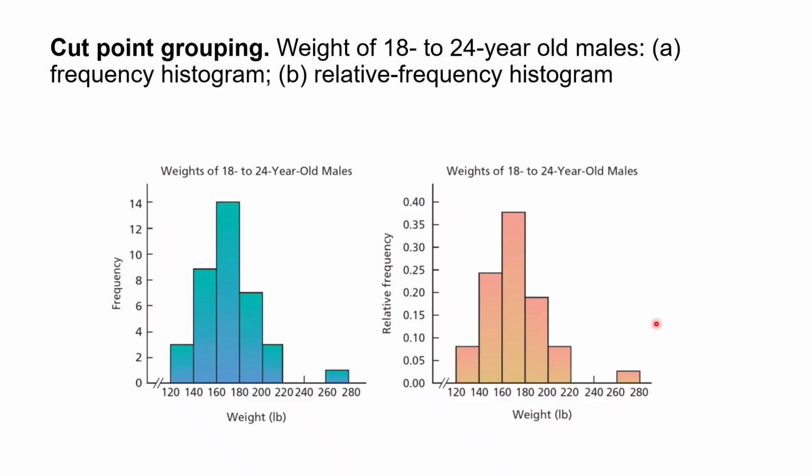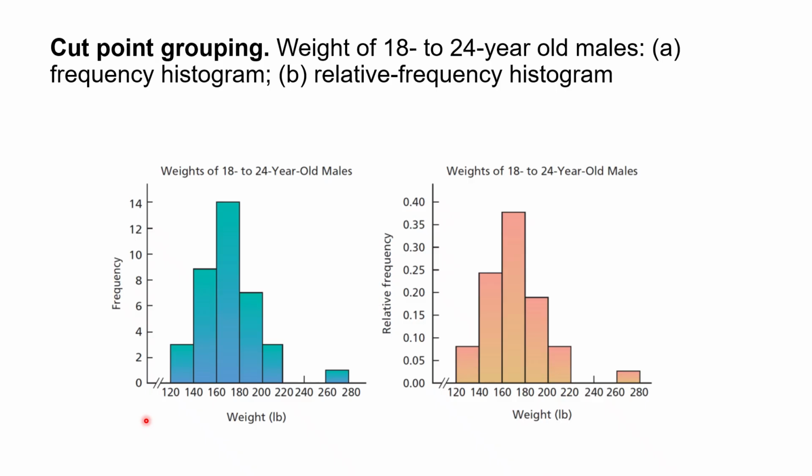And here's the final one with the cut point grouping. Again, it's labeling it, showing the 120 to the 140 range rather than just having that distinct label right underneath. One thing I wanted to point out was this symbol right here, these kind of double slashes. We use this on the horizontal axis to indicate that the 0 point on that axis is not in the usual position at the intersection of the horizontal and vertical axis.